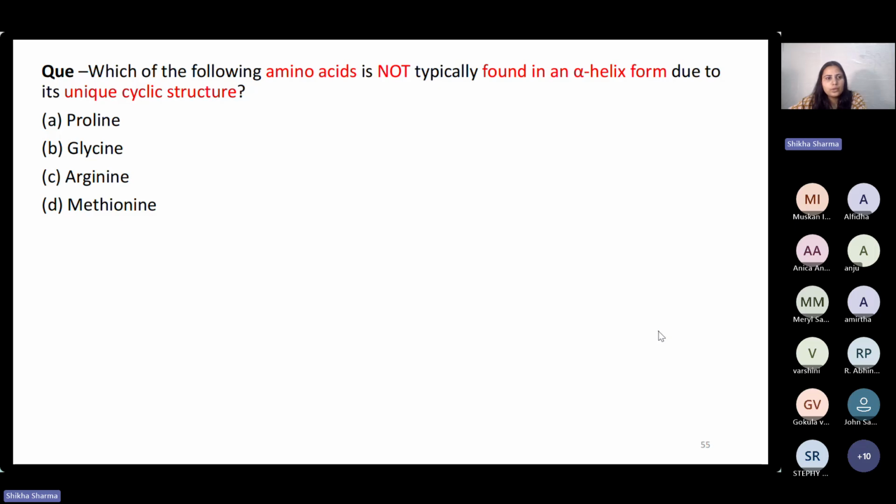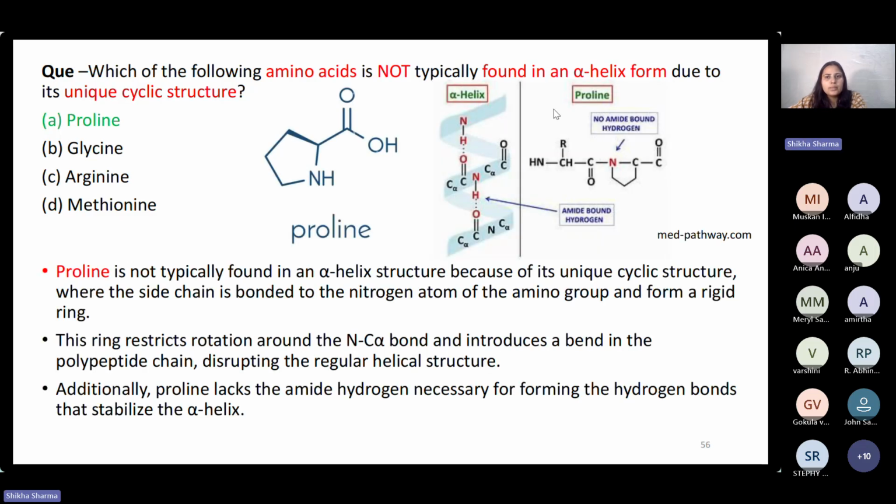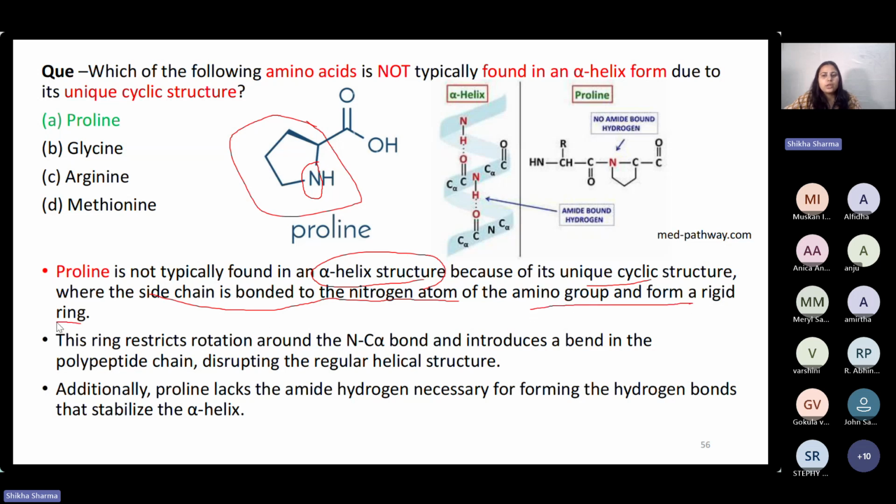So we have more on A, which is also true. Proline basically has a structure like this. It is not typically found in an alpha helix structure because of its unique cyclic structure, where the side chain is bonded to the nitrogen atom of the amino group and forms a rigid ring.